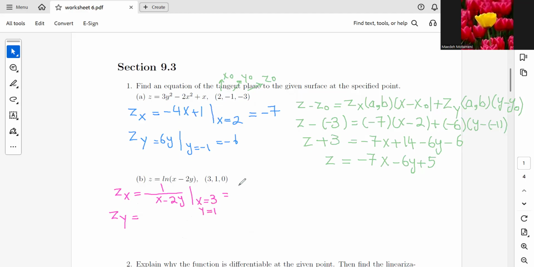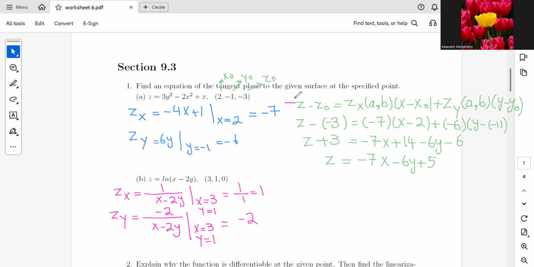In this case, it will be 1 over 1, which is 1. Finding the partial derivative with respect to y gives us negative 2 as the derivative of whatever I have inside, over x minus 2y when x is 3 and y is 1. And the answer would be negative 2.